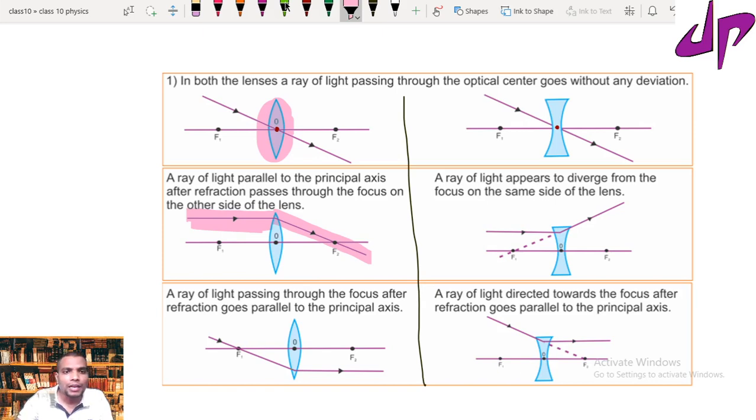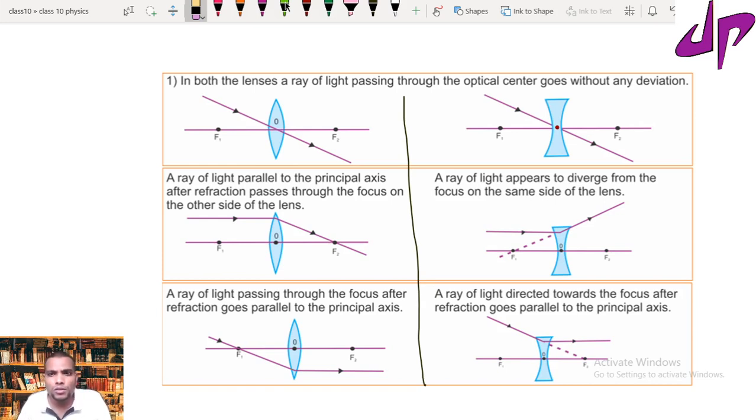Third one, a light ray which is passing through the focus, after refraction is parallel to the principal axis. So these three simple rules we will follow, and we will use these rules to draw ray diagrams for the convex lens.